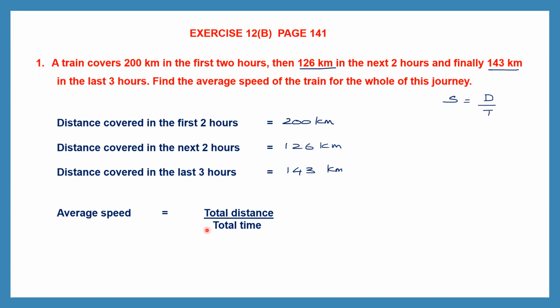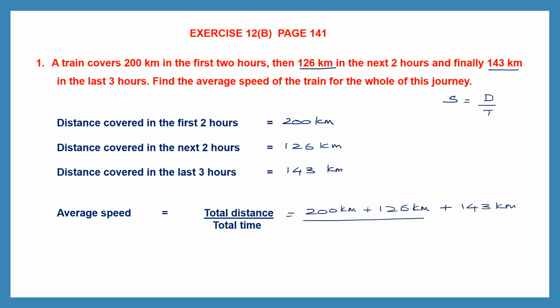So to find that, this is the formula we have to use. The average speed of the train is the total distance, that means we have to add up the distance, divided by the total time. We have to add up the time, and then use this formula to find the average speed. So let's find the total distance. Total distance means we have to add up 200 kilometers plus 126 kilometers plus 143 kilometers.